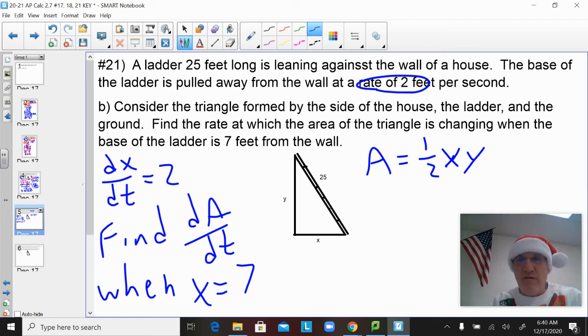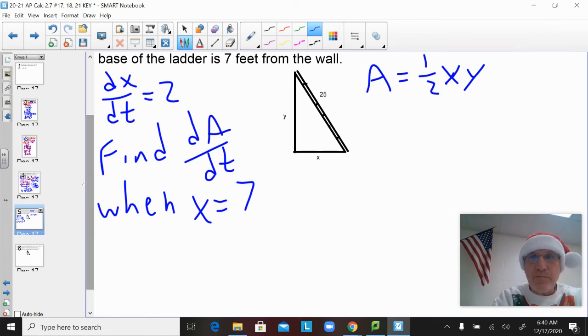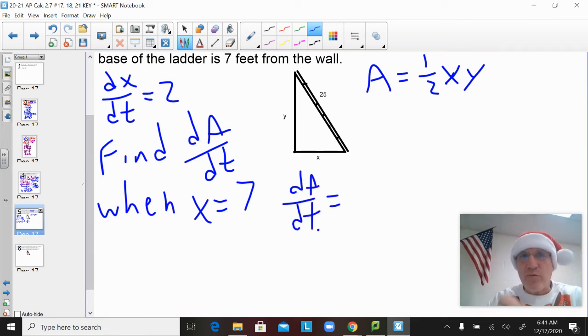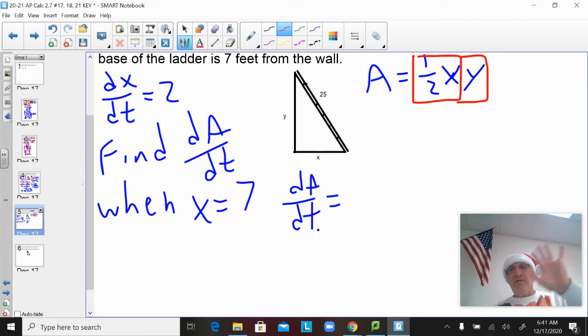All right, so let's take the derivative of that with respect to time. So we'll start over here, dA dt. I have to use the product rule. Gotta be careful with the 1/2. I'll attach the 1/2 to the x and product rule it that way. I could have left the 1/2 out front, opened up a parentheses, used the product rule, and then distributed the 1/2. It would have been the same result.